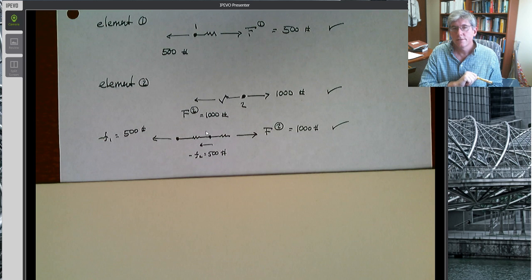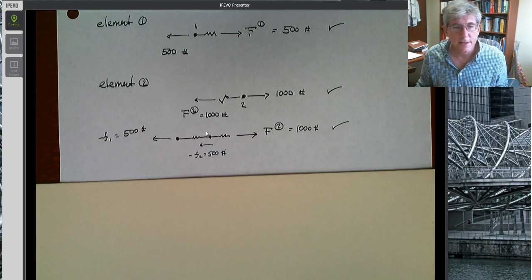Very important. Step 7, recovering the element stretches and strains, or in this case, forces and stretches. Very important as well. People will try to back those out by other approaches on exams, and you have to do it the finite element way, which is the way I showed in this video in step 7. Okay? All right. That's the end of this.